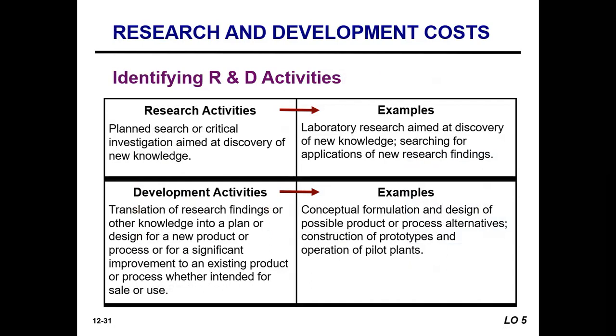And then developmental activities: translation of that research or knowledge into a new product design, a new product process, or a significant improvement to an existing product or process. Examples include conceptual formulation and design of possible product or process alternatives, construction of prototypes and operation of pilot plants.